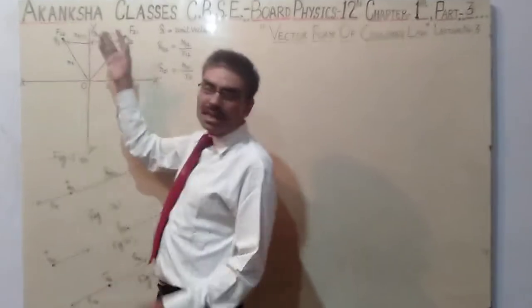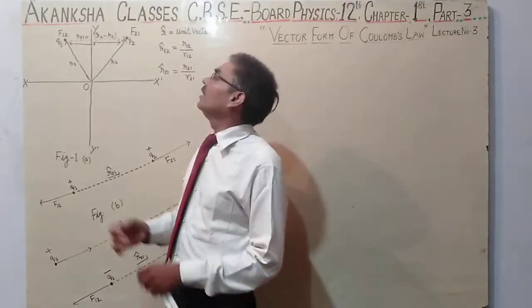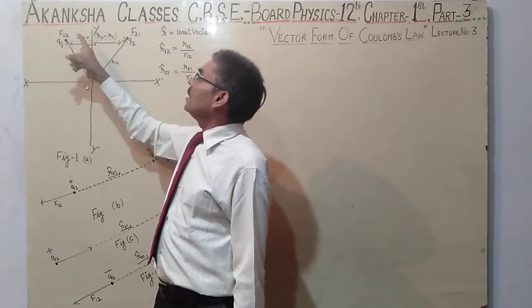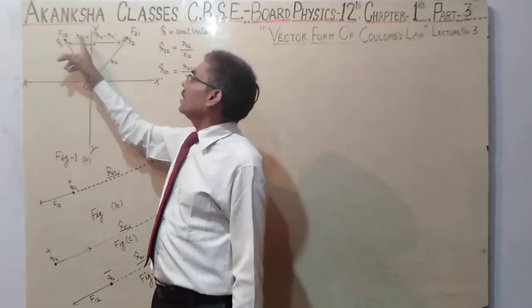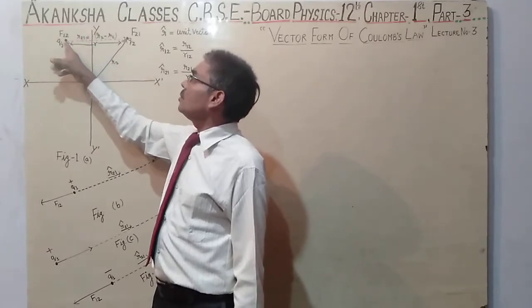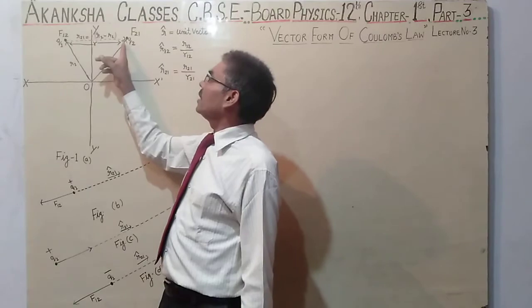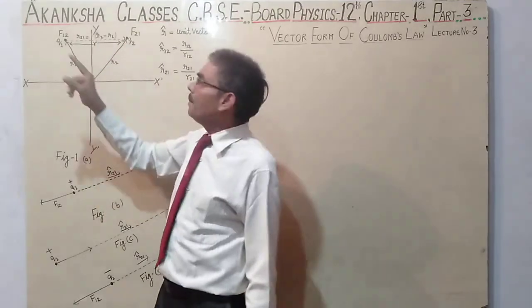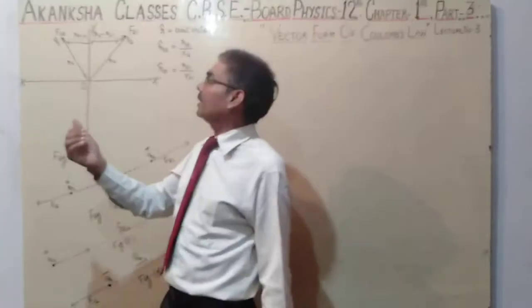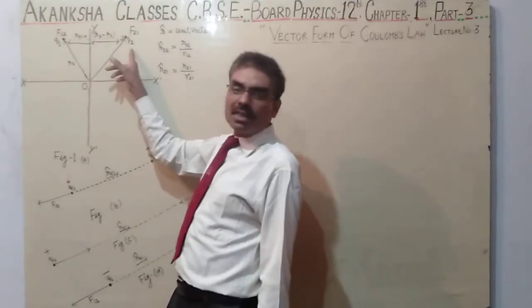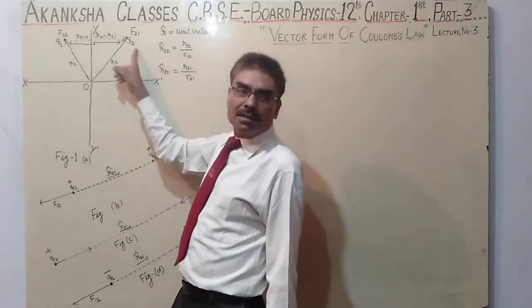We have to find their resultant. This means here R2, the vector drawn from charge 1 to charge 2. If we start drawing a vector from 1 to 2, this means 2 is the receiver.